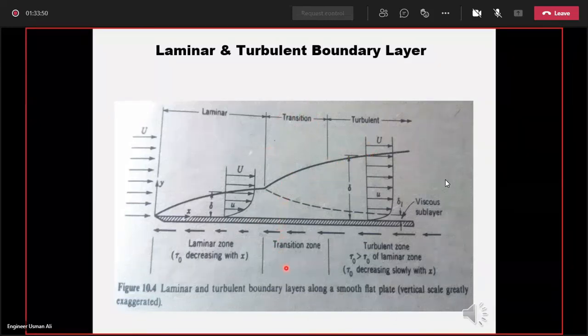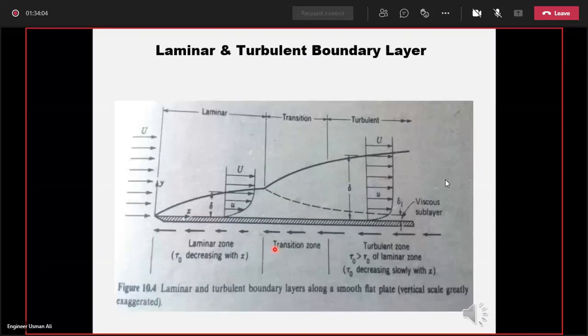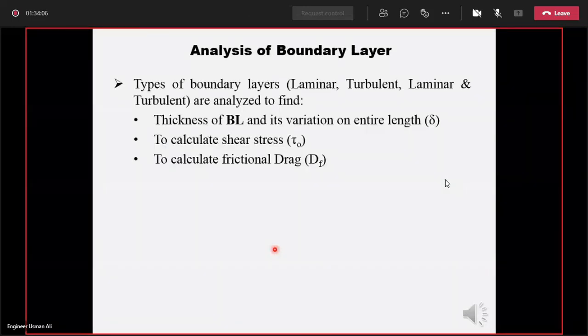When it completely changes to a turbulent boundary layer, there will be a viscous sublayer as well. So this is about the third one. We'll continue this lecture next time, and we'll analyze the different types of boundary layer.